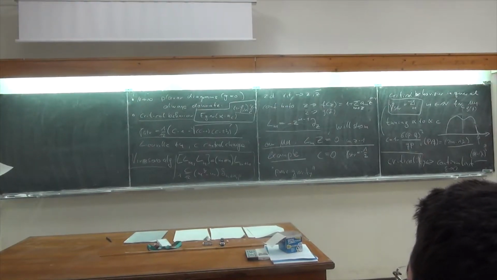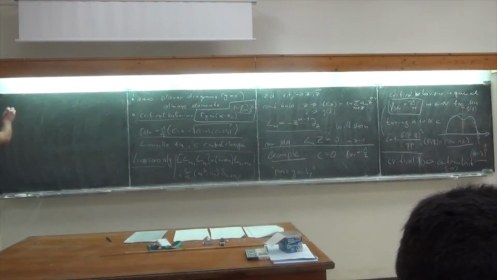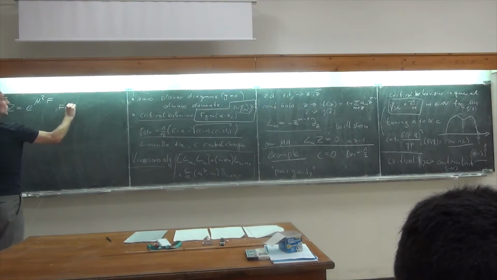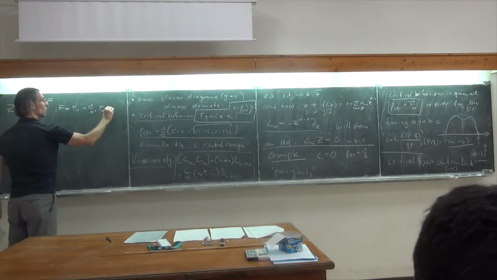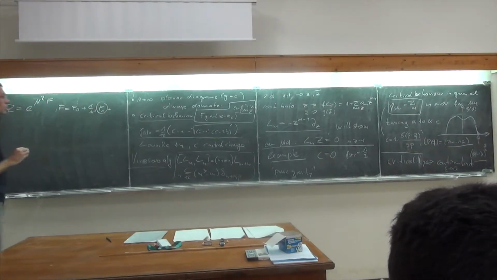Okay, so let's go back. The idea was that we have f at 0 plus 1 over n squared at y plus, and we wanted to make these guys contribute.